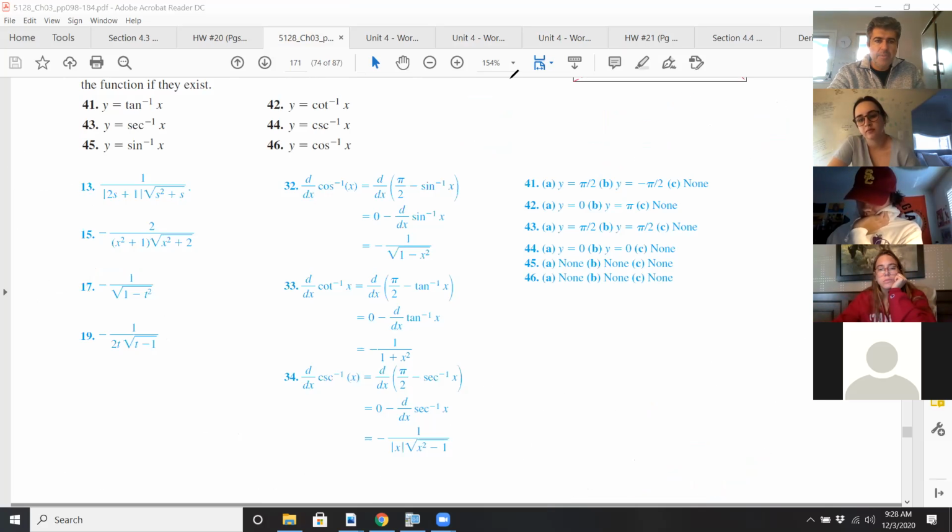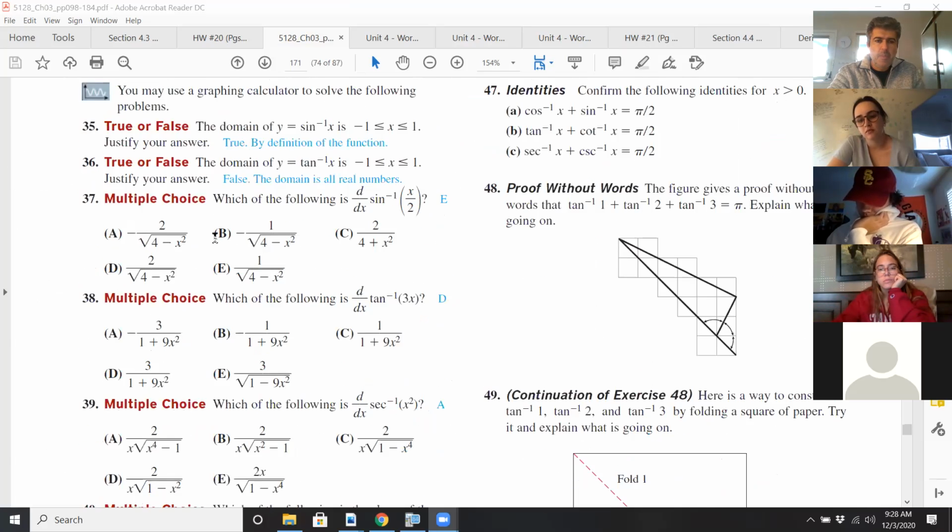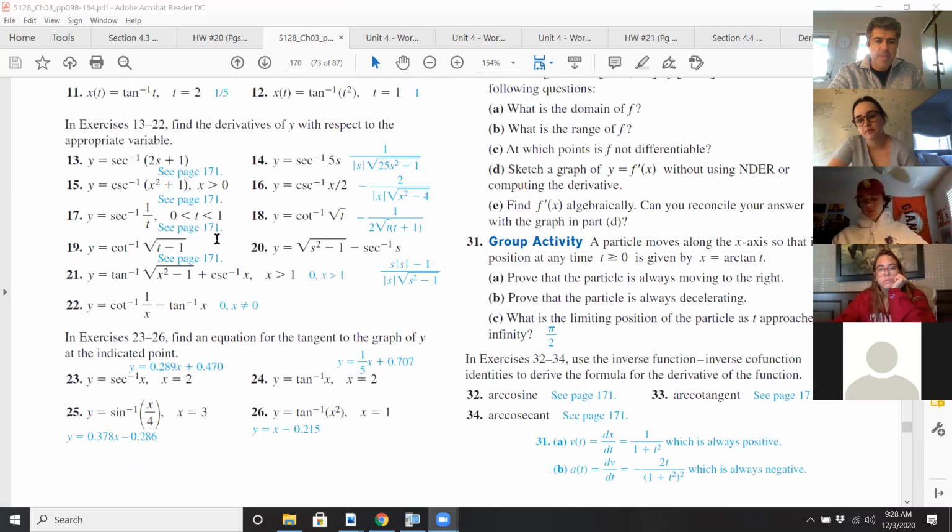And going back to the other page. Again, I gave the answers for 22 and 24. They're right here. For 24, for example, just use the rule, which is 1 over 1 plus x squared.